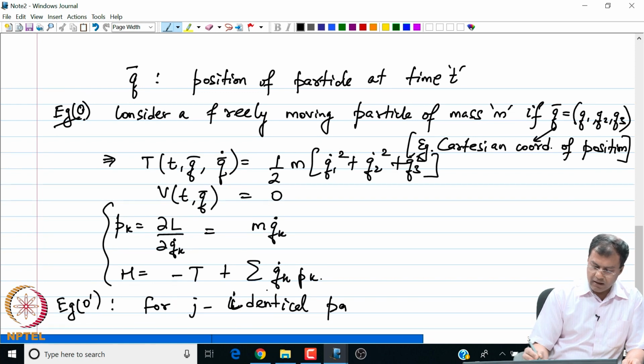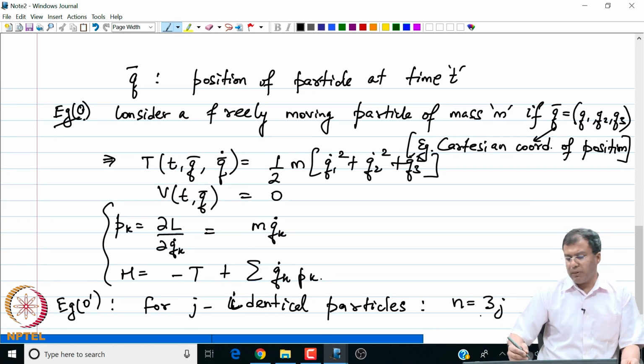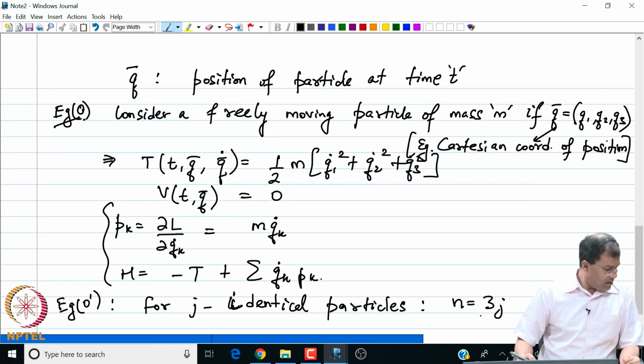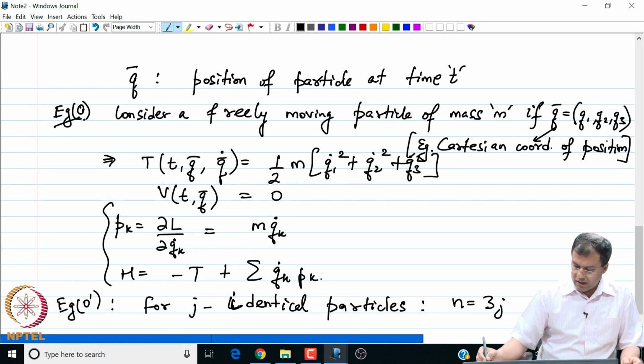For each particle we have 3 coordinate positions, and hence we have the total degrees of freedom n being 3j, where j stands for each particle.